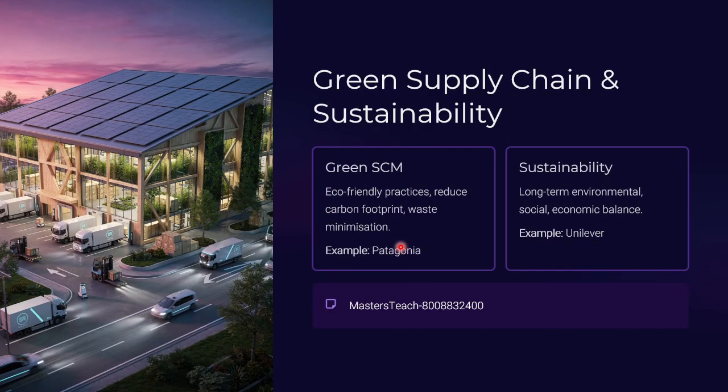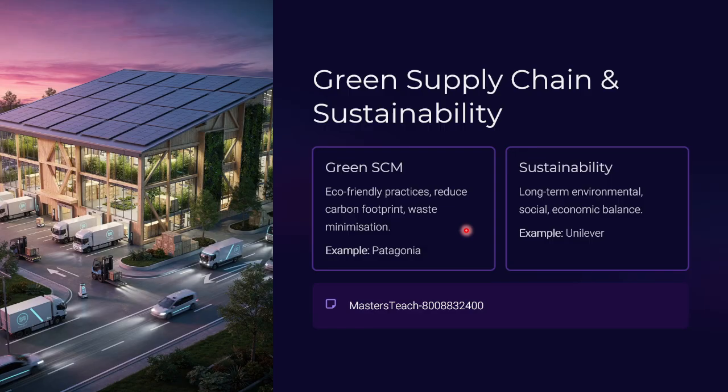Okay, then green supply chain and sustainability. Green supply chain management means that when you are transporting, it should be eco-friendly in order to reduce the carbon footprint and minimize the wastage. So instead of using plastic, they are using eco-friendly things, example Patagonia.